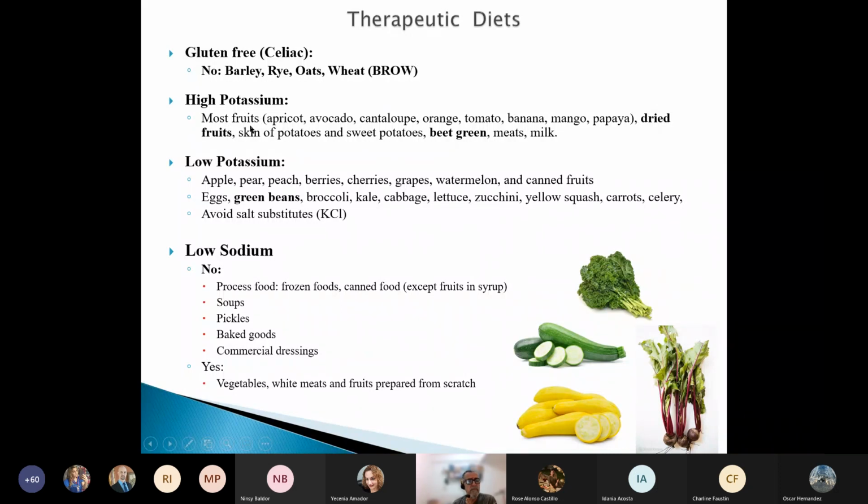But the fruits that have the highest potassium content are generally fruits from the tropics. In contrast, fruits coming from cold weathers, like for example apples, pears, peaches, grapes, berries, cherries, are low in potassium.